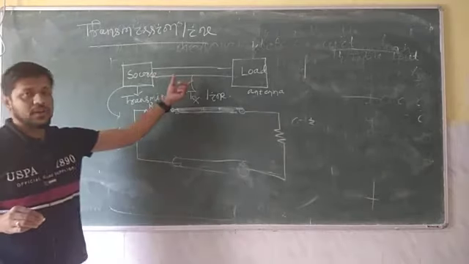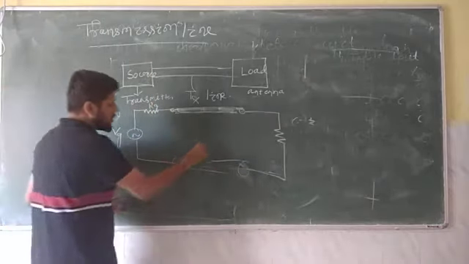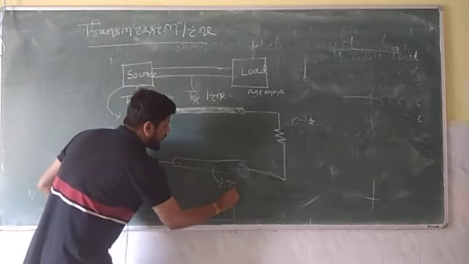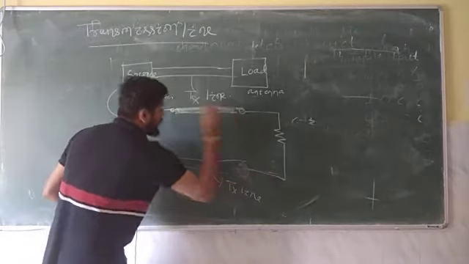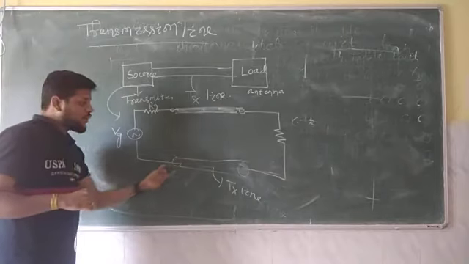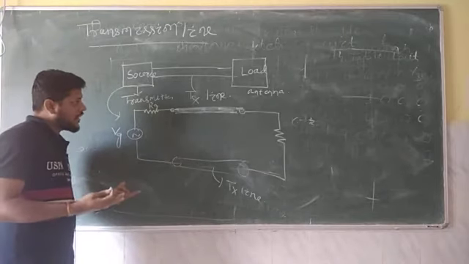So this is the block diagram, this is the circuit. Here this is your transmission line. Previously I have drawn its equivalent circuit, but in general we represent it like this.